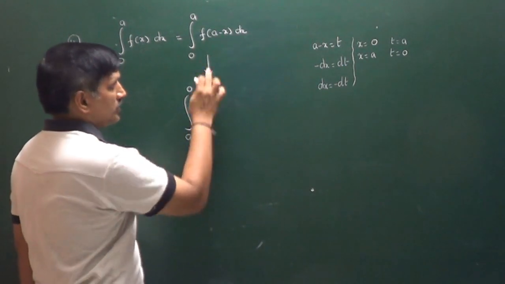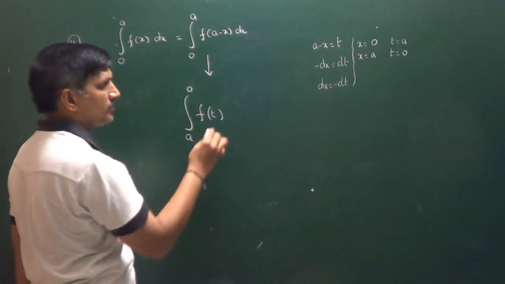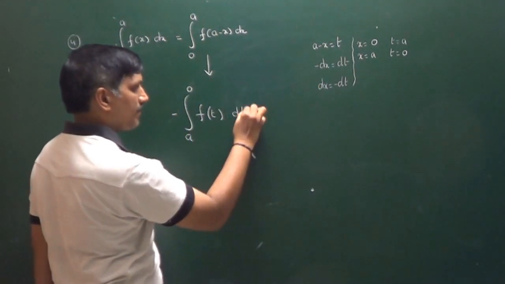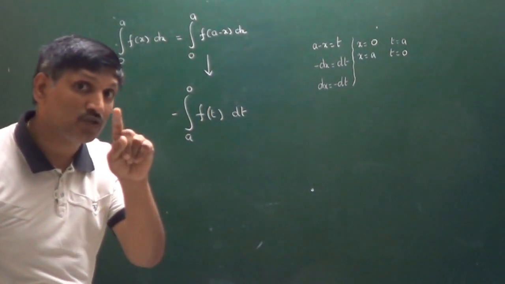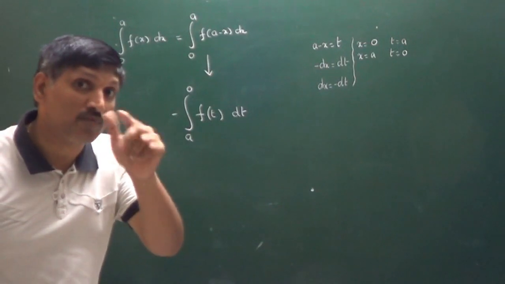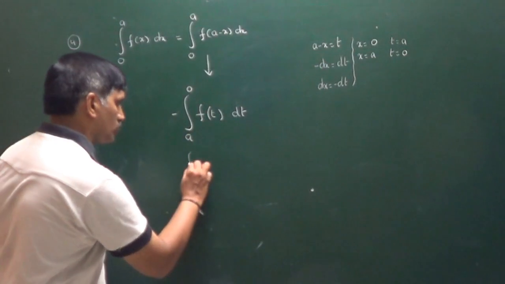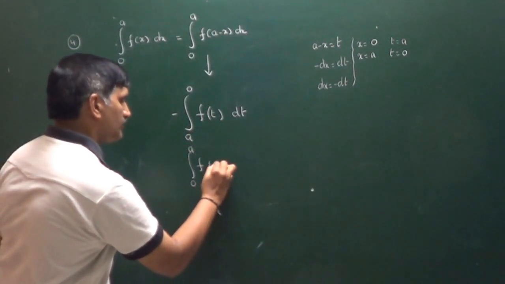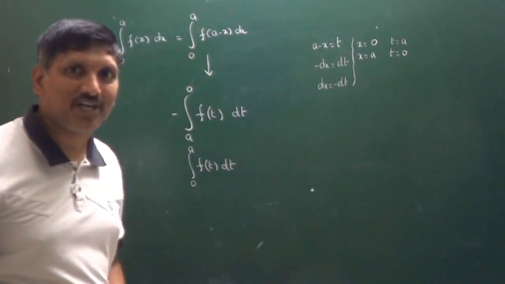In place of a minus x we are writing f of t, and in place of dx we have to write minus dt. According to the second property, I want to remove the minus sign. To remove it, interchange the limits. Now this is equal to integral 0 to a f of t dt. What is the first property saying?